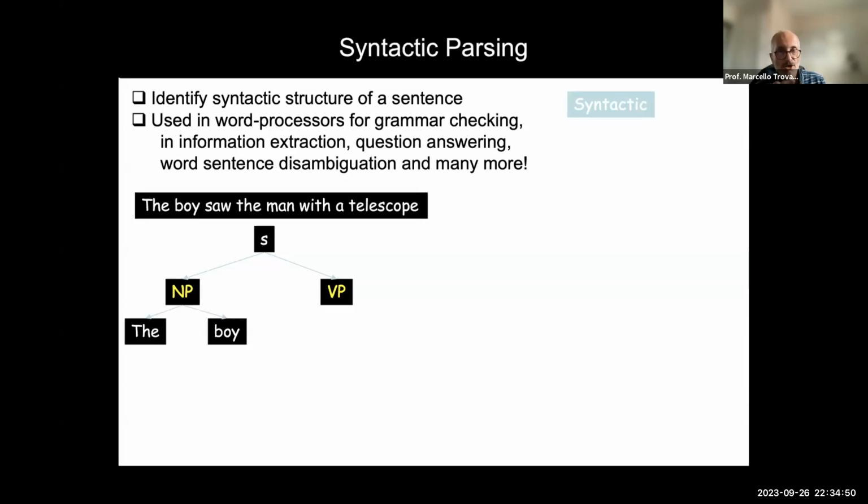So if you look at "the boy saw the man with a telescope", you might wonder whether the boy actually saw the man using a telescope, or the boy saw a man who was using a telescope.